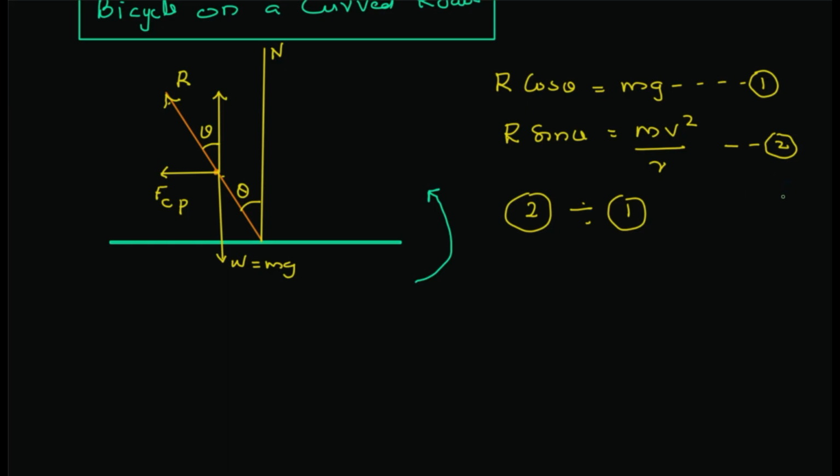Sine theta by cos theta becomes tan theta on the left side, which is equal to v squared over r g. So you can write v, the speed at which you need to drive the bicycle so that it won't fall off, as v equal to the square root of r g tan theta.